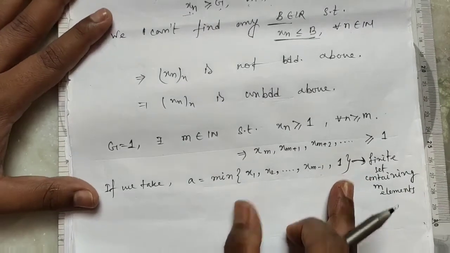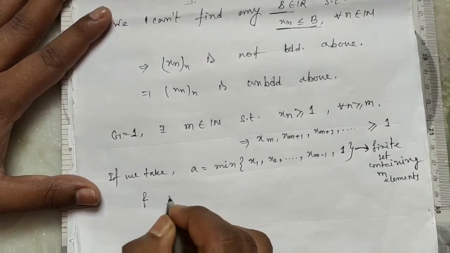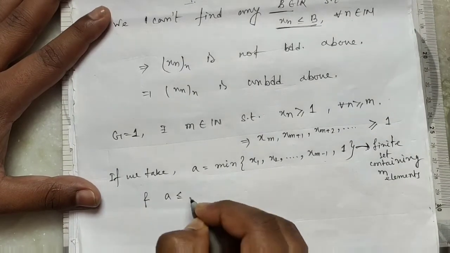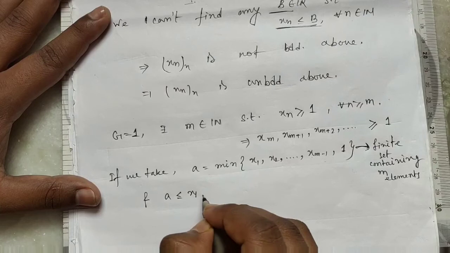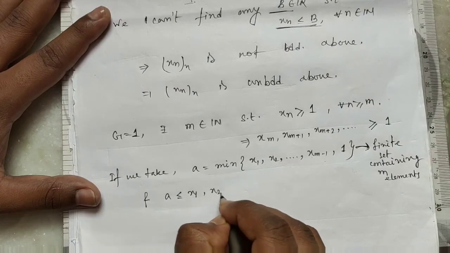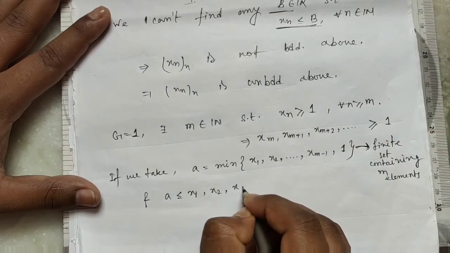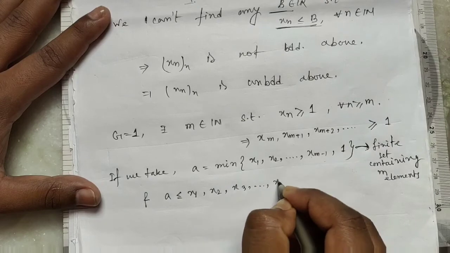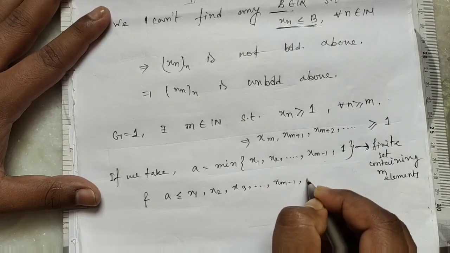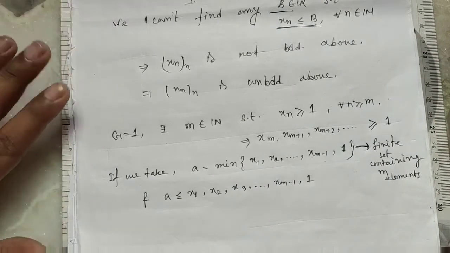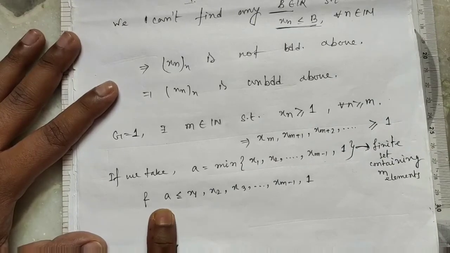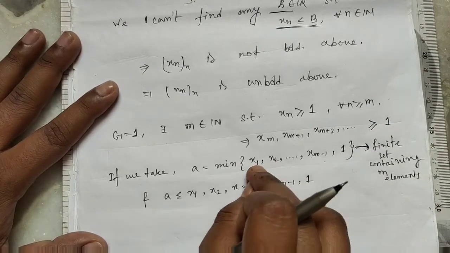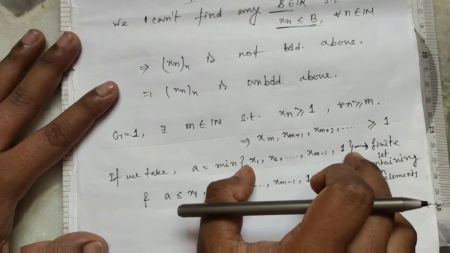And a is less than or equal to x1, x2, x3, up to xm-1, and also 1. As a is the minimum, a is less than or equal to every element of this set.